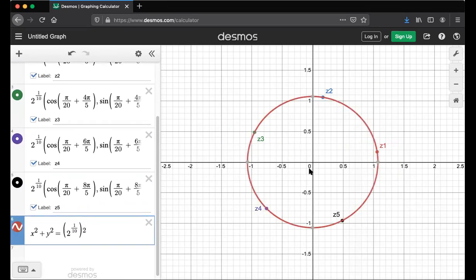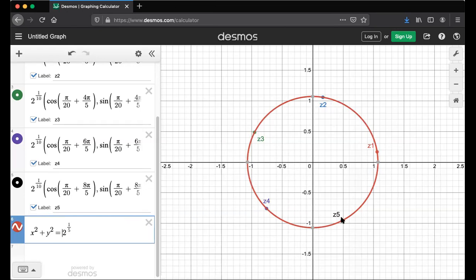Take a look at that. So if I plot the circle x squared plus y squared is 2 to the 1/10 squared, or let me make it a little bit more elegant looking, 2 to the 1/5, all 5 of the points fall on that. So we have this very nice, pretty picture that they're all equally spaced around our circle.